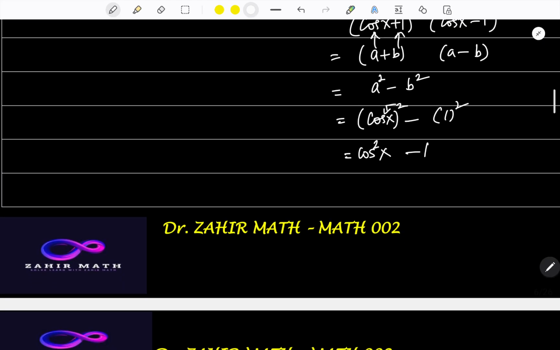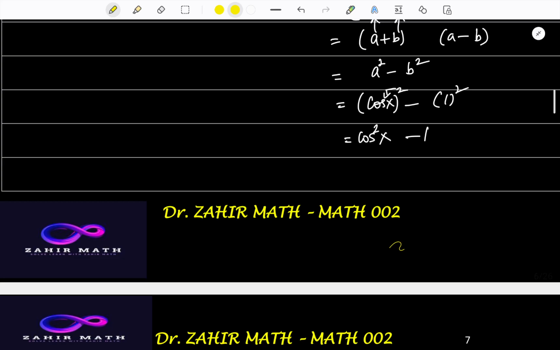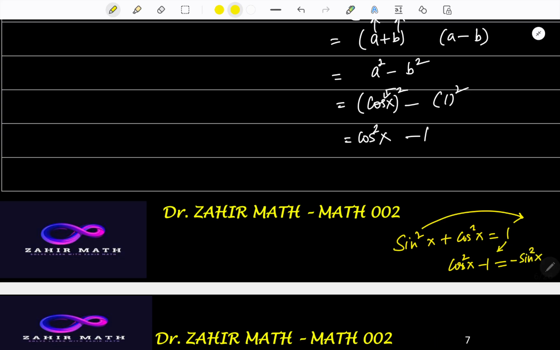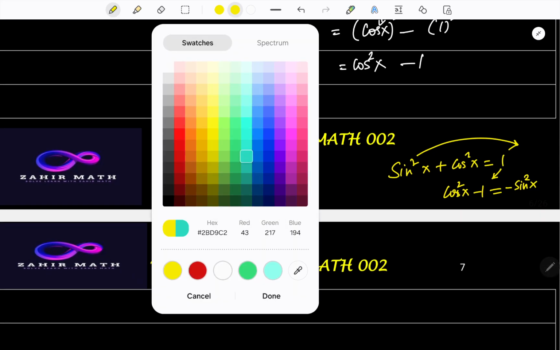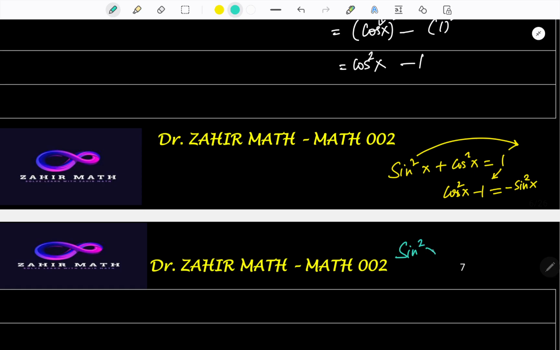Now we want to find what cosine square x minus 1 is. We know the formula sine square x plus cosine square x is equal to 1.